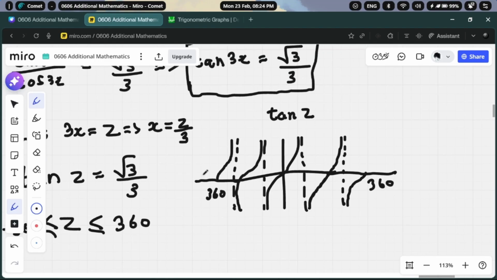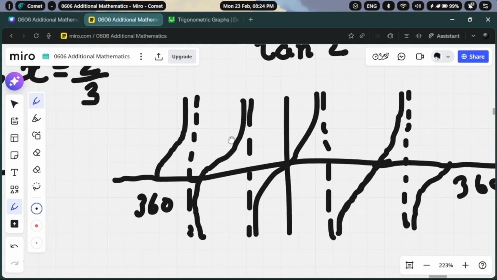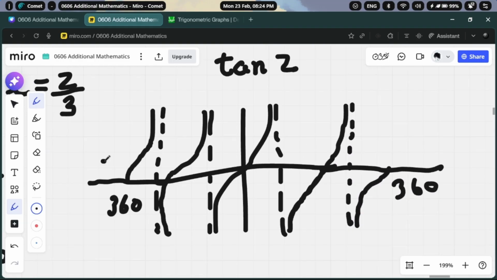So first of all, where exactly is root 3 by 3? So root 3 by 3 is approximately 0.5. So you can make a horizontal line around here.